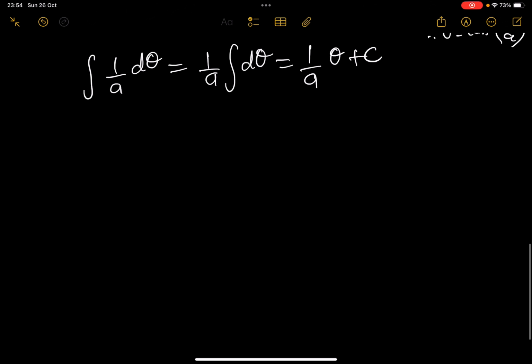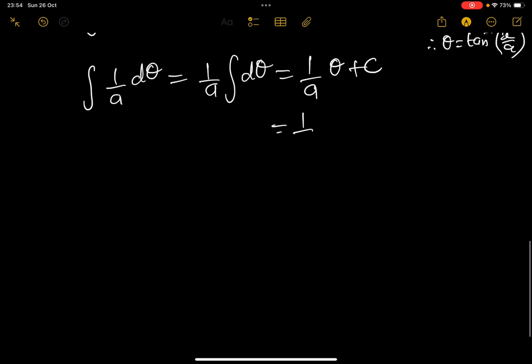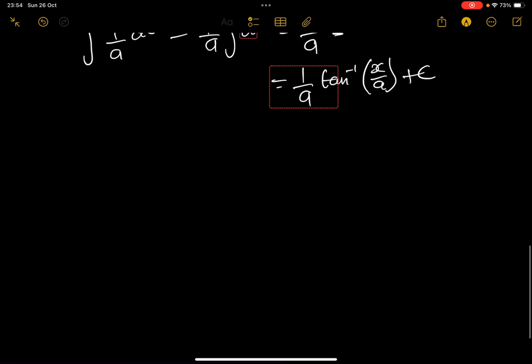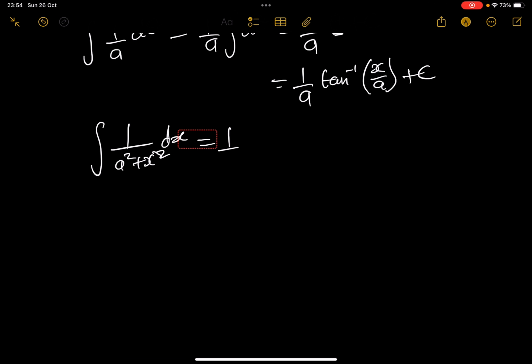So now here you're going to have 1 over a, then theta is tan inverse x over a, plus c. So now we have seen that the integral of 1 over a squared plus x squared dx is equal to 1 over a tan inverse x over a plus c.